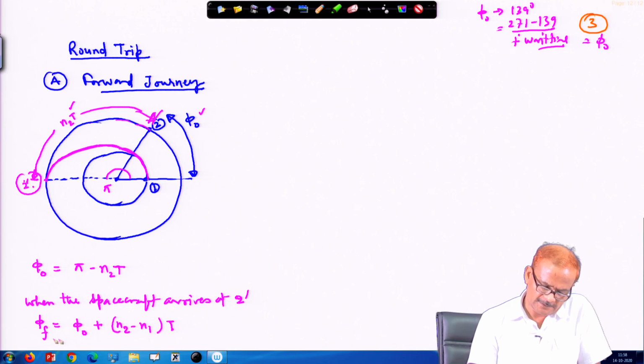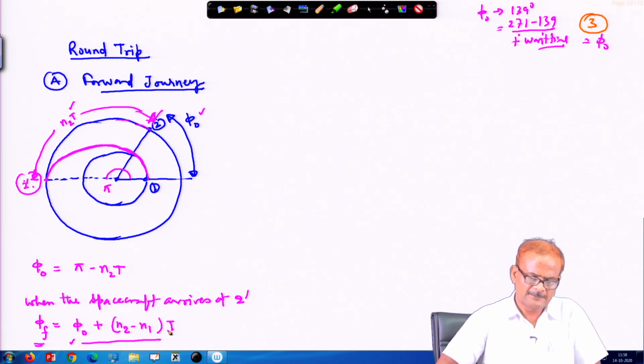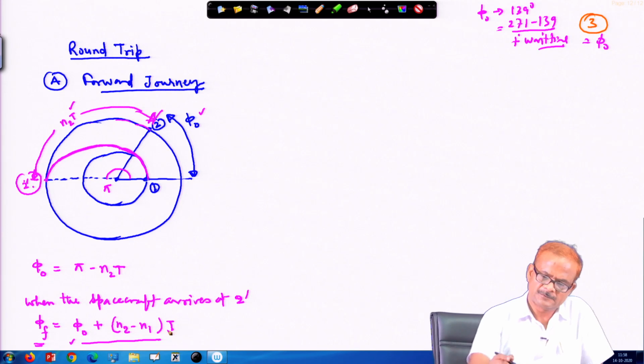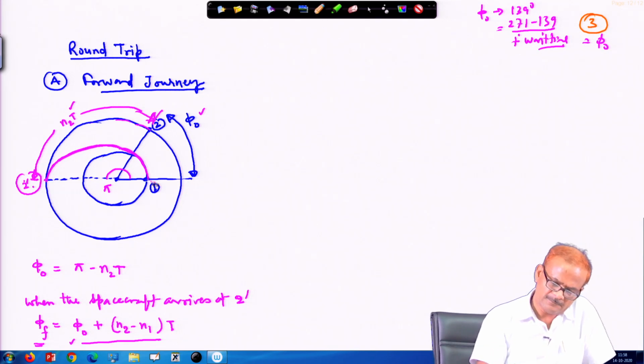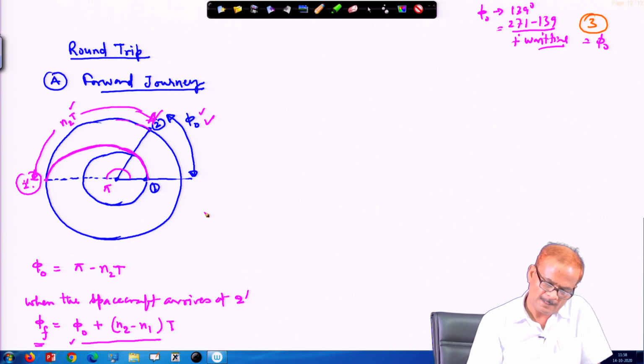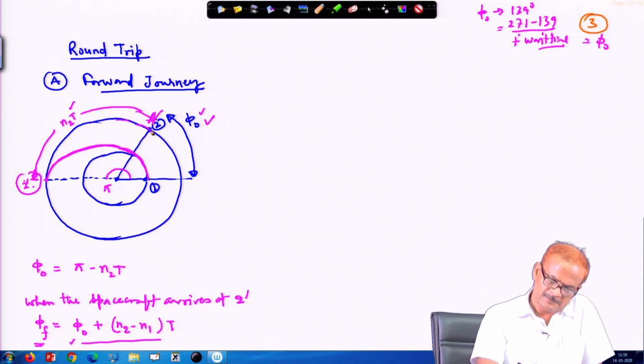So, therefore, the phase angle difference will be given by the initial phase plus n 2 minus n 1 times t, the angle between these two vehicles. Because phi 0 is the initial phase angle, this is your phi 0 which is shown here, and then n 2 minus n 1: the angular velocity of 2 and the angular velocity of 1, this we have to subtract, and this flight time shows how much it will go ahead.